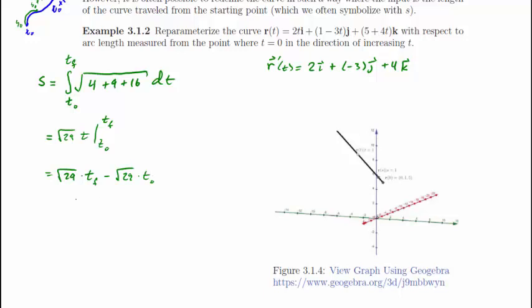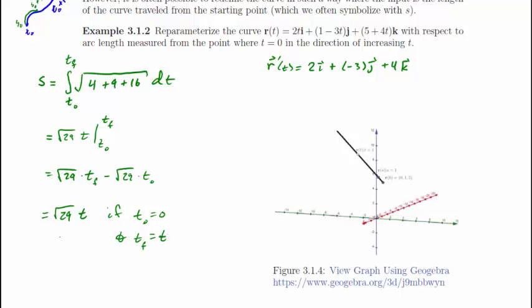Now we're just going to realize that we could do this instead of from t naught to some final time. We're going to do my t naught as 0, so when t is 0, and my t final time is just my t variable. So this just equals the square root of 29 t if t naught equals 0, and our final time is just whatever our t variable is in our curve.